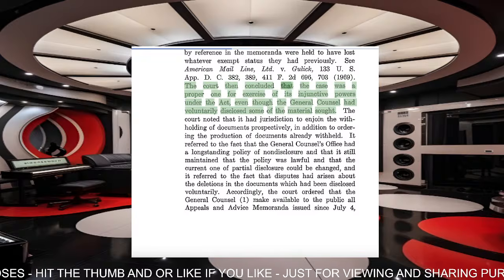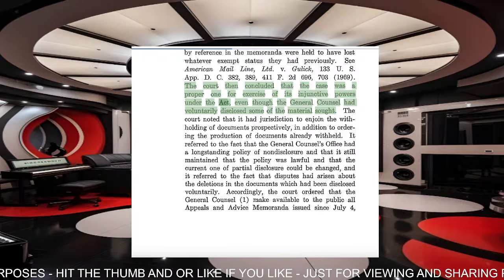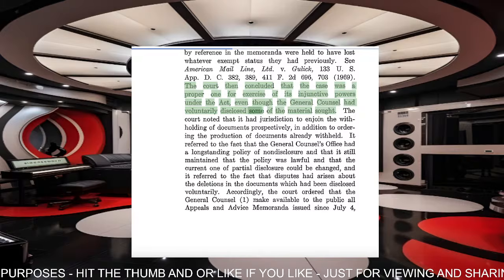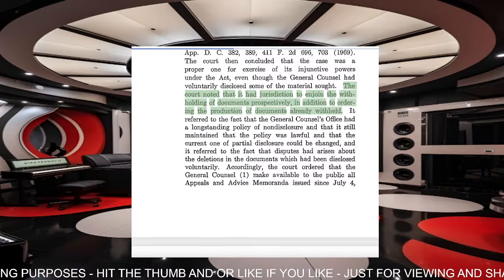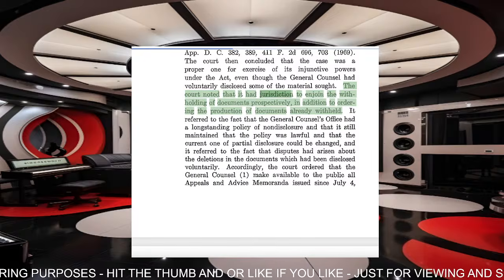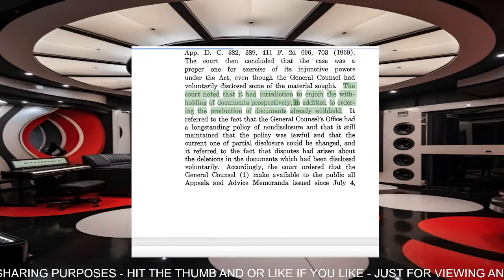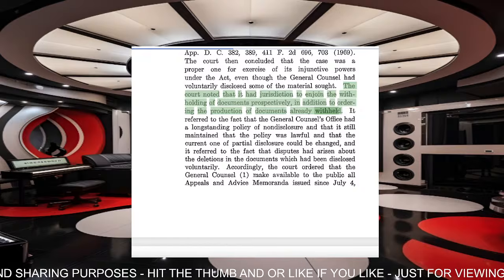The court then concluded that the case was a proper one for exercise of its injunctive powers under the Act, even though the General Counsel had voluntarily disclosed some of the material sought. The court noted that it had jurisdiction to enjoin the withholding of documents prospectively, in addition to ordering the production of documents already withheld.